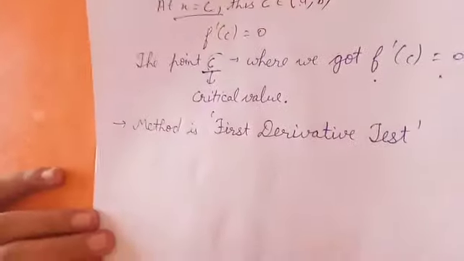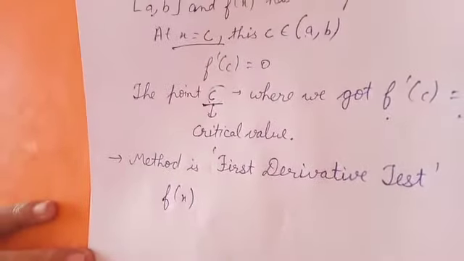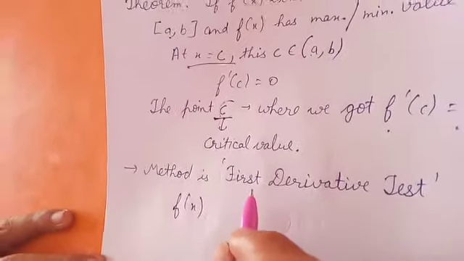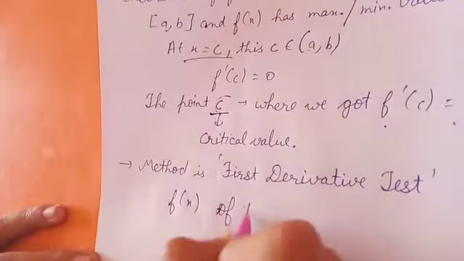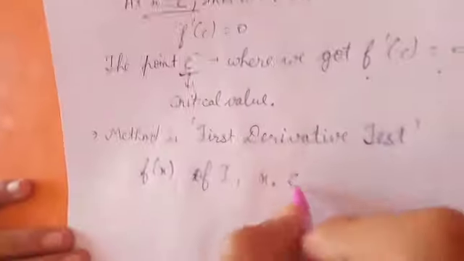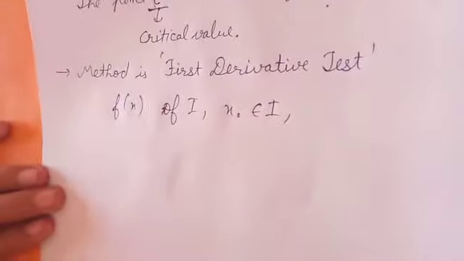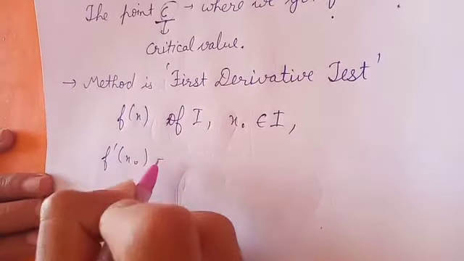First of all we assume that f of x is a differentiable function on an interval I, where x naught can be any point which belongs to our interval I. Then first of all we will find f dash x naught.